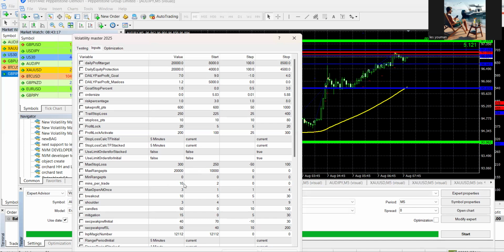Now, minutes per trade, and I usually have that set on 4, means that from the time a trade gets taken out, or even from the time a trade closes, there must be a 4-minute gap before it can take out another trade. That's just to avoid the market, particularly during a volatile event, flicking up and down, up and down, up and down, all in one candle.